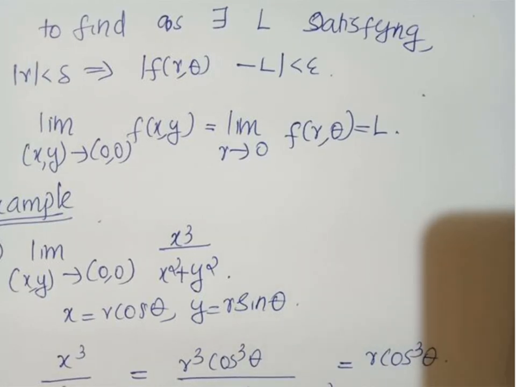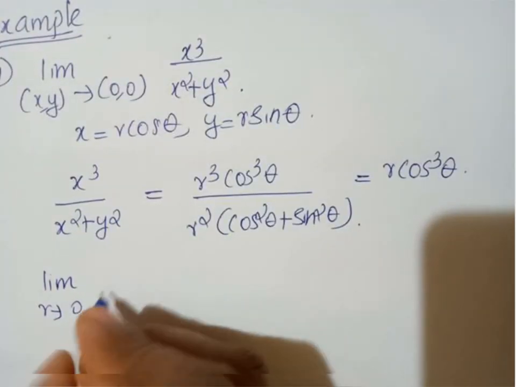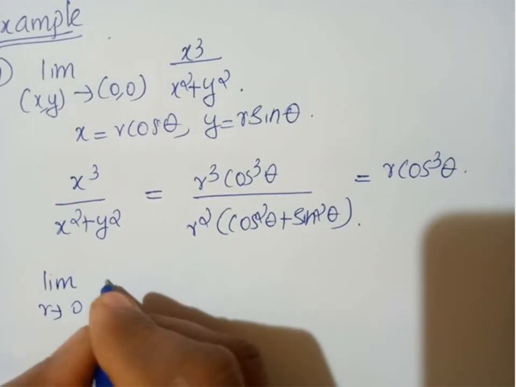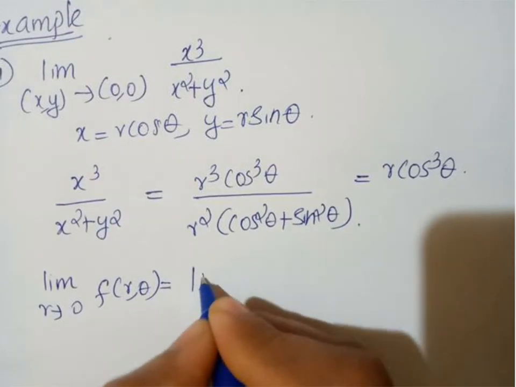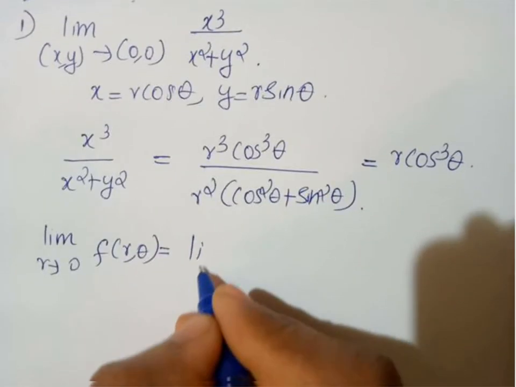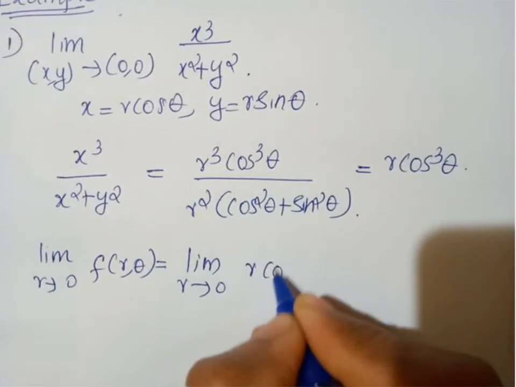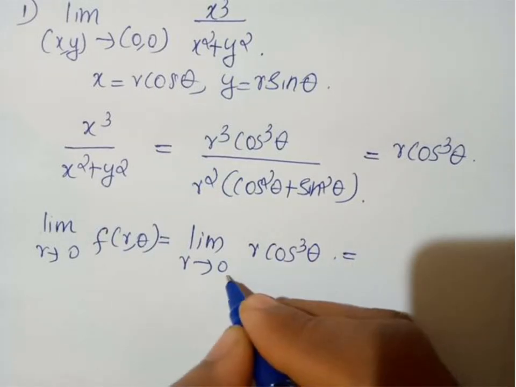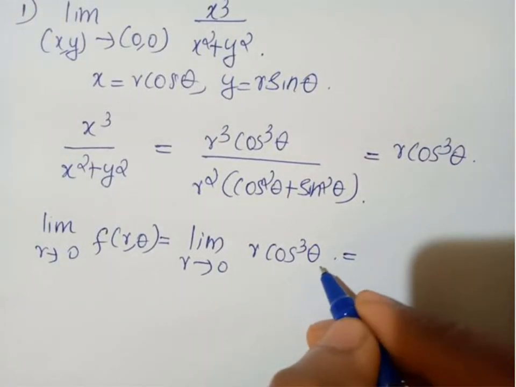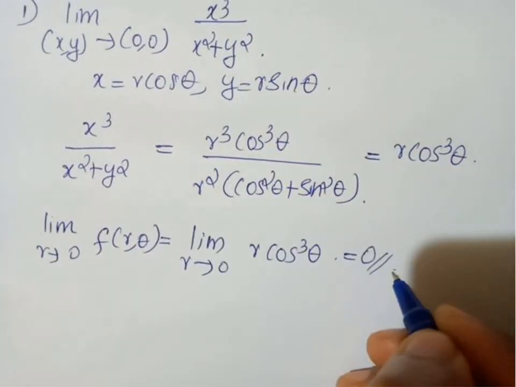So the limit as r tends to 0 of f(r, theta) is the limit of r cos^3 theta. As r goes to 0, cos^3 theta is a finite value, so this is equal to 0.